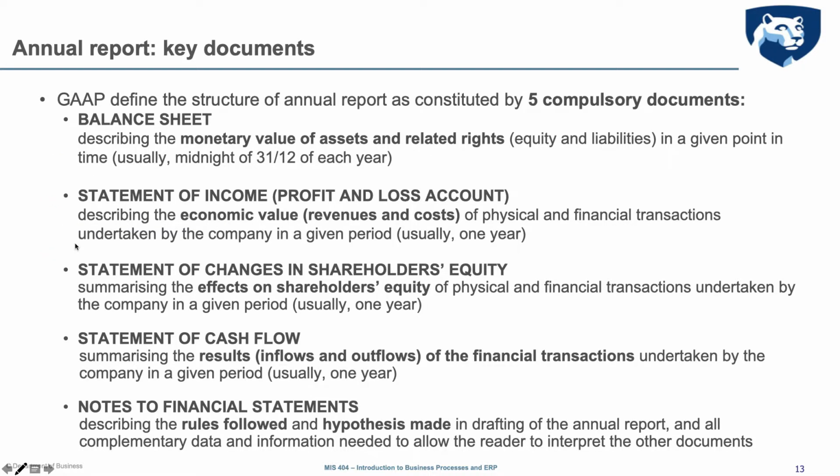According to the GAAP standard, which are the 5 documents that the company needs to produce through the financial accounting process? The balance sheet, which describes the monetary value of assets and related rights, so equity and liabilities, that belong to the company, usually at the end of the year.